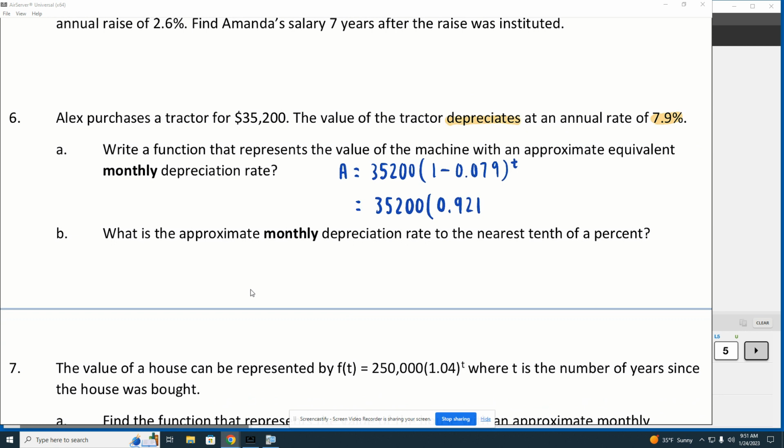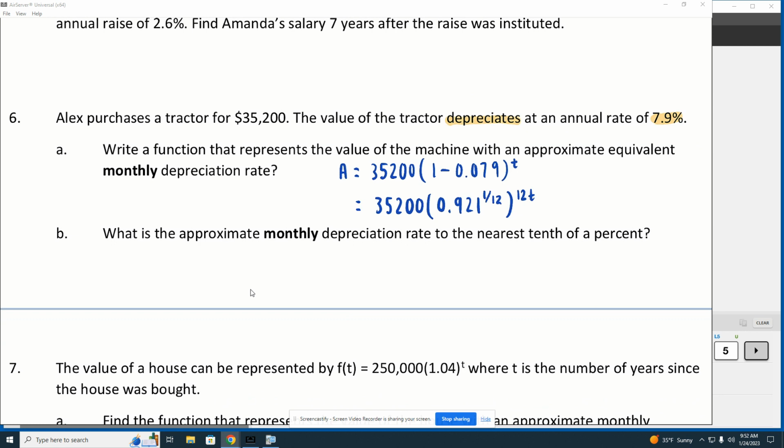And like we talked about yesterday, the only thing you do differently when they ask about monthly depreciation is you raise that base to the 1/12. And to make up for that, on the outside, you raise your exponent to the 12t power. That's how you should have answered A.